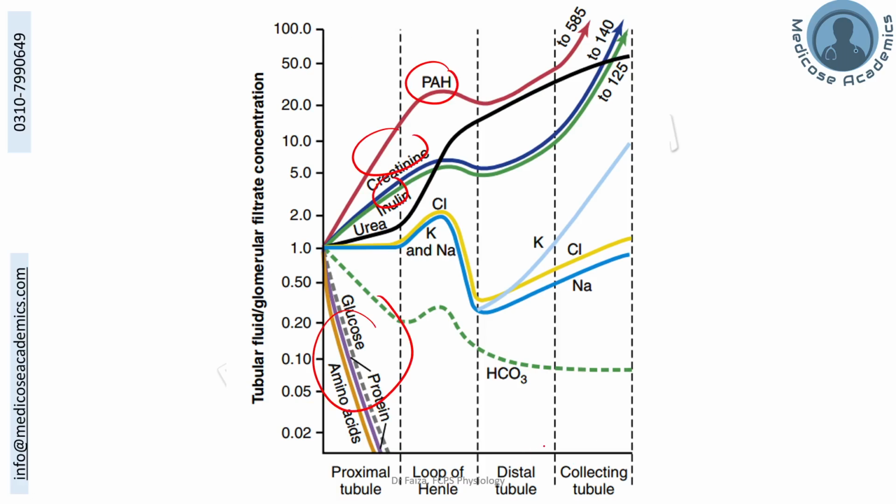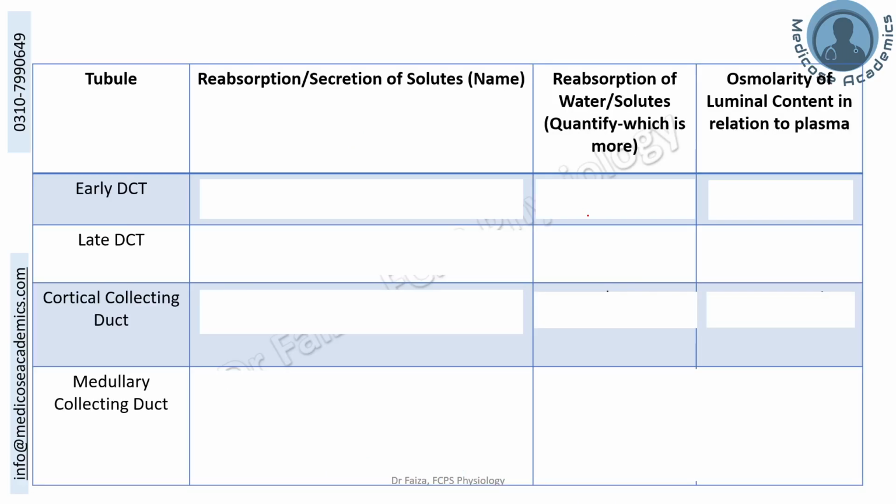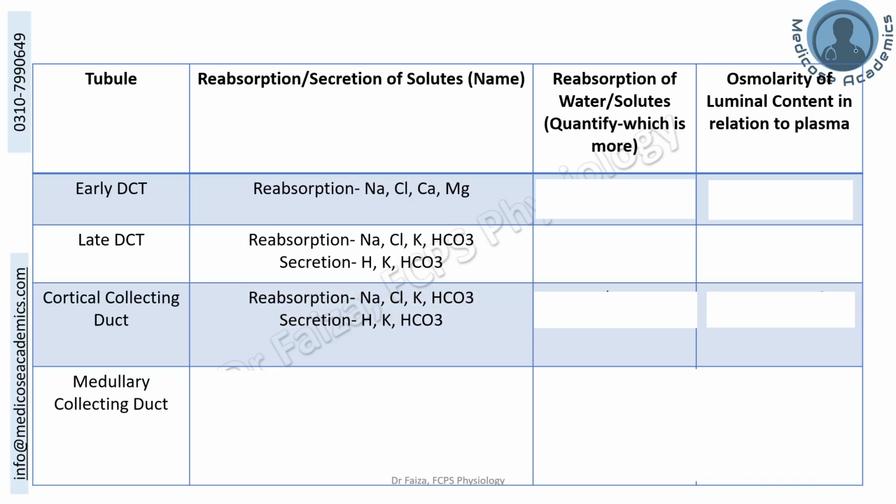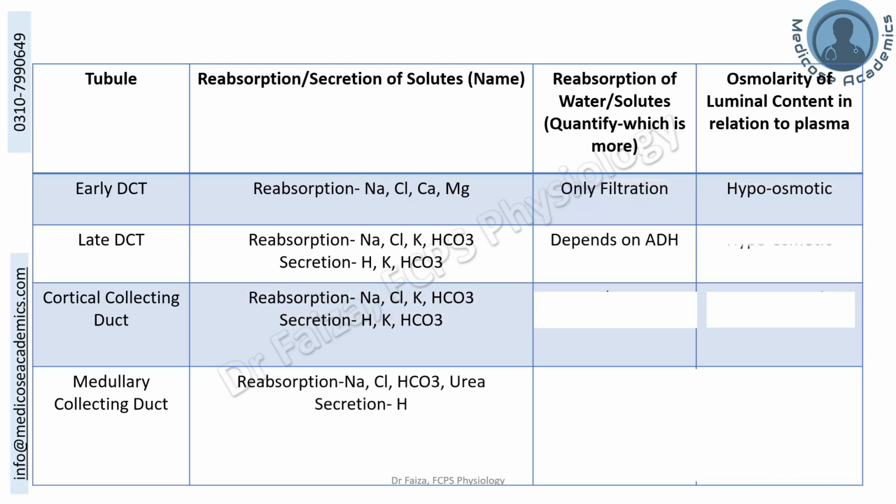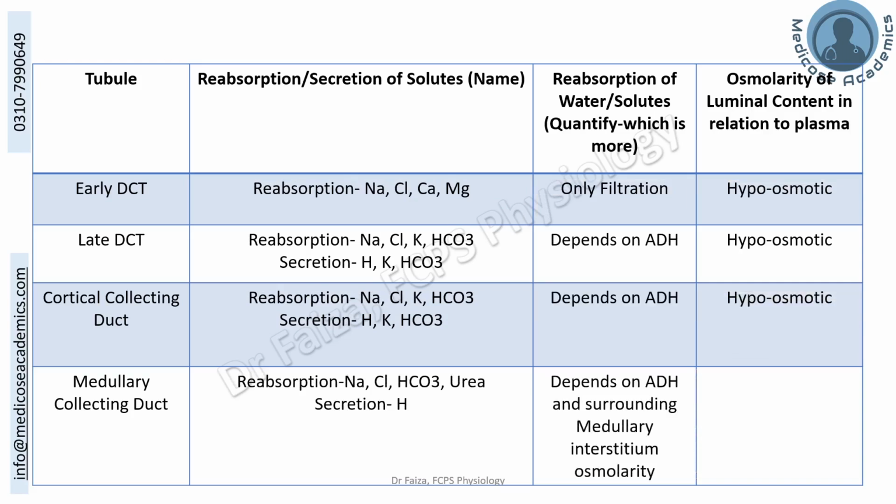Especially at the level of the distal and collecting tubule, you can see increased level of potassium. And this is summarizing what we have just discussed: early distal convoluted tubule, late distal convoluted tubule, cortical and medullary collecting tubule. And this is a typographical error.